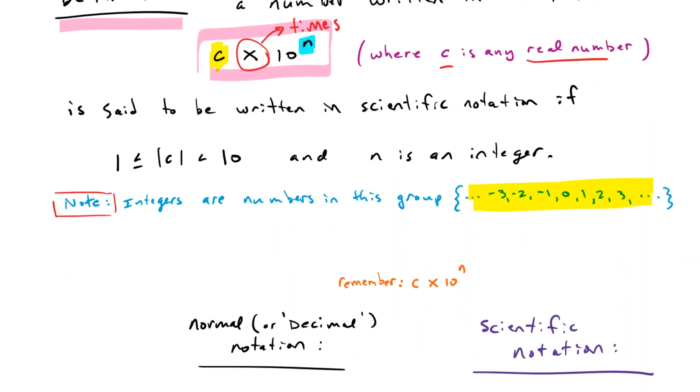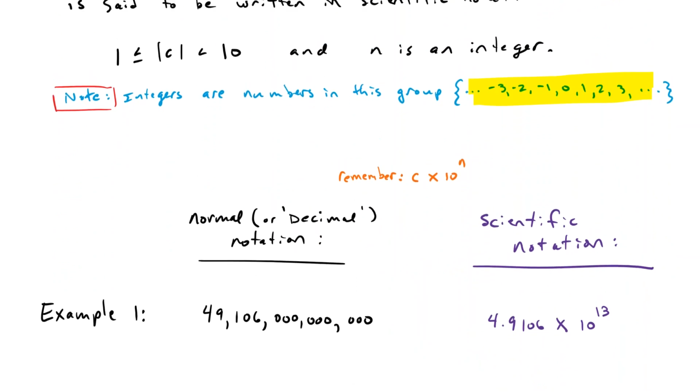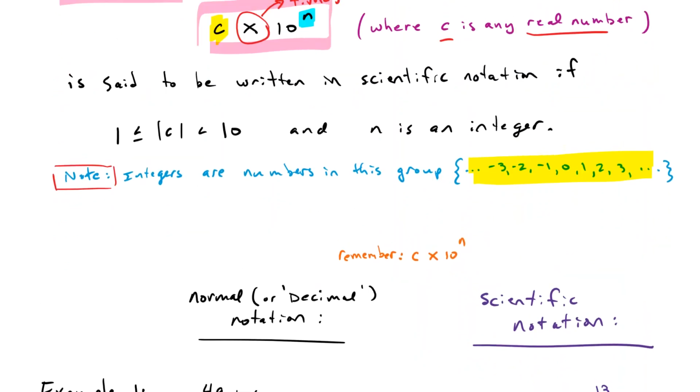And I'll show you more as we go down and do some examples. Oh, and I forgot to mention also this little piece of information. The absolute value of c must be bigger than or equal to 1 and less than 10.